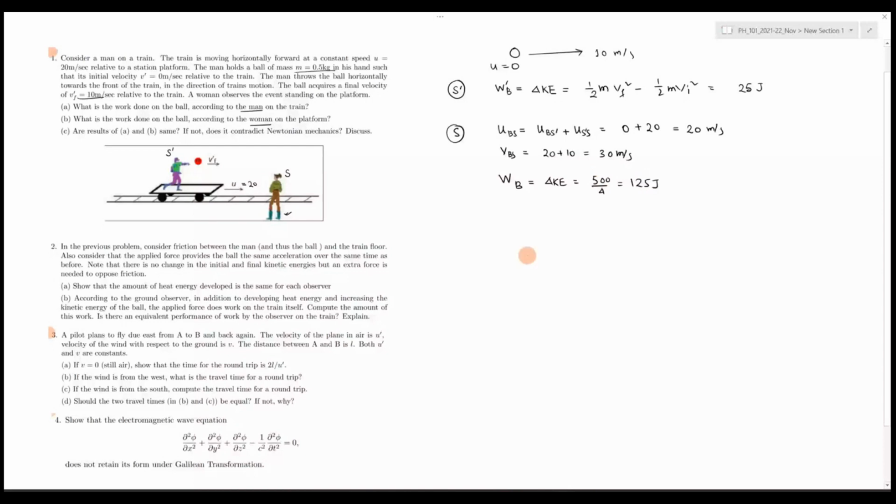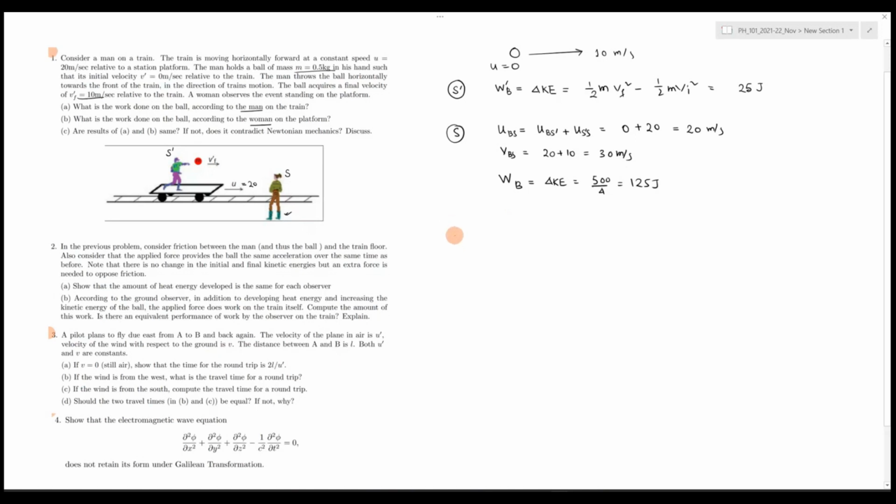Now you see, the answers of A and B are not the same. Is it possible or not? Yes, it is possible, because we are not talking about total energy. We are also not taking the work done by the train's engine on the ball.